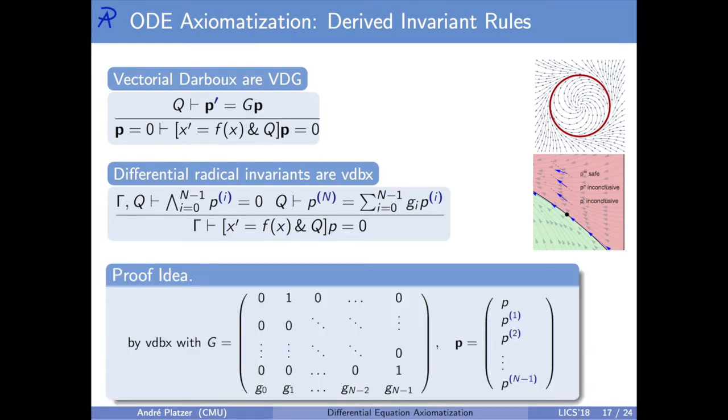They follow from the vectorial Darboux. Because you set up your matrix such that you take the vector of all the Lie derivatives you had so far and put the cofactors, and p2 will be the Lie derivative of p1, go figure. So that means that once you have vectorial Darboux established, you also have differential radical invariants derived.